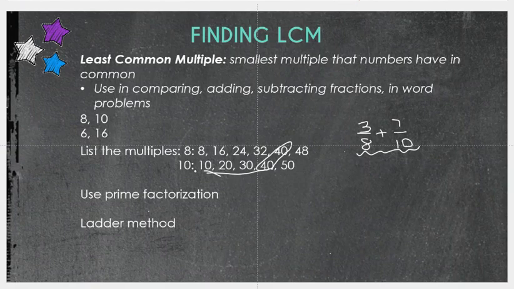So actually, you know what? Let's go back and look at the 6 and 16. The 6 and 16 is where students sometimes would get mixed up a little bit with the multiples because they might not know all of the multiples of 16.